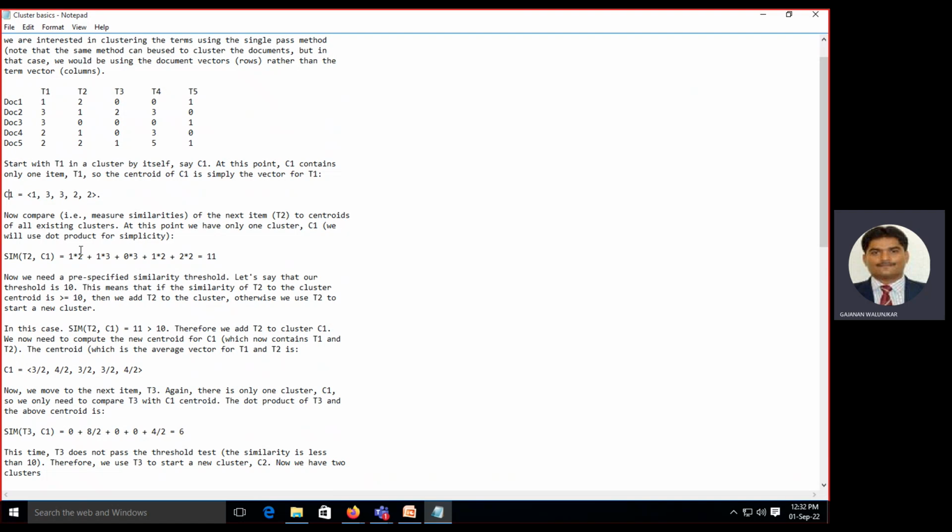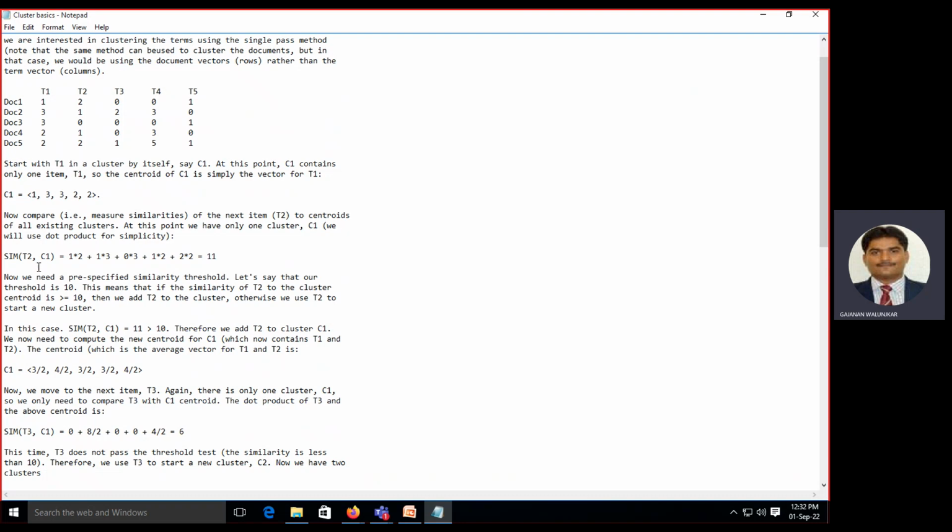Then our duty is to next consider the term T2. Consider the term T2 with this value. Then we need to find out the centroid for all the existing clusters. Here we are going to compare this T2 with the available cluster. The available cluster is C1. So all the values of T1 will be compared with T2. That means we'll find out the similarity of T2 with the cluster C1.